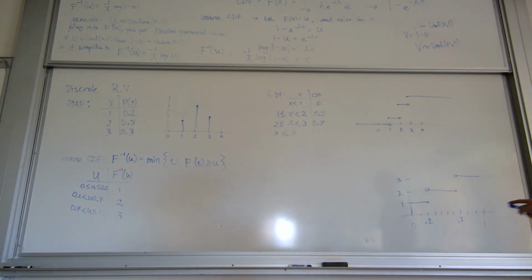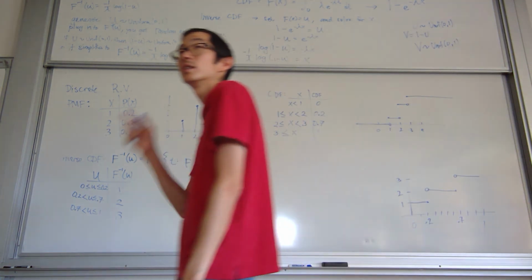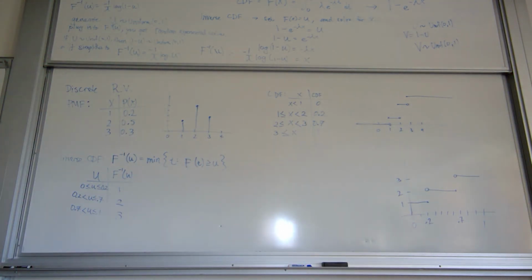For a discrete random variable, how would we code up something like this in R?